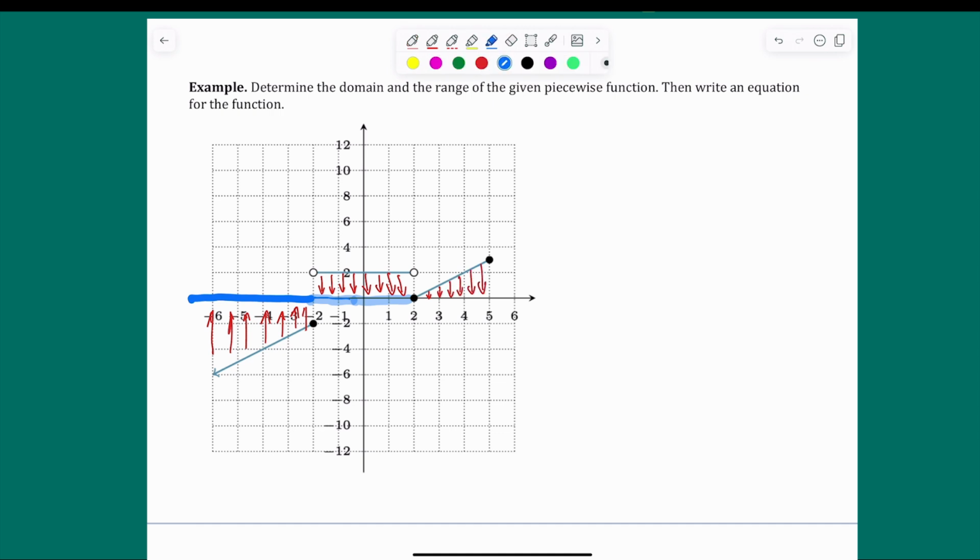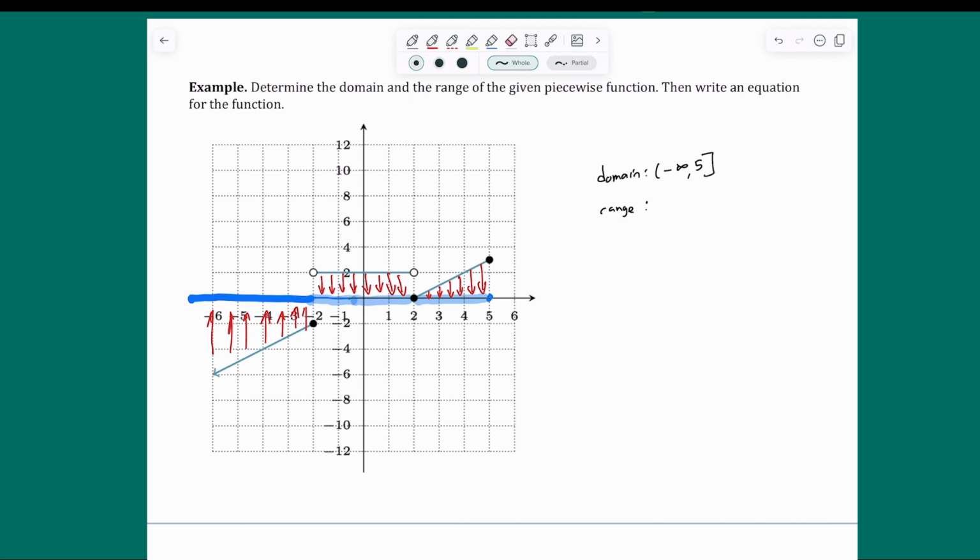And then I stop at that 5 there because I don't have anything more to go. So from that observation, it looks like the domain is -∞ to 5, with a bracket. Now what about the range?